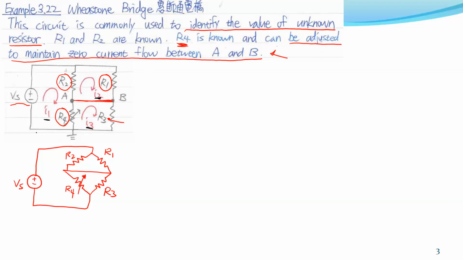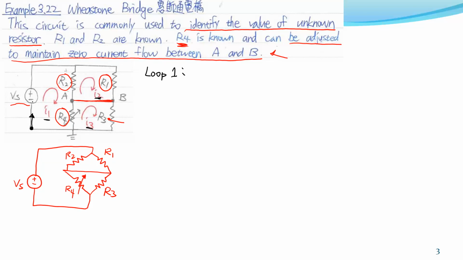Loop 1 is this big loop on the left. We need to apply KVL within loop 1 after we define the mesh currents. Loop 1, KVL: start from the bottom left.